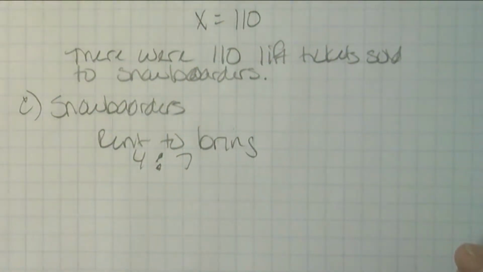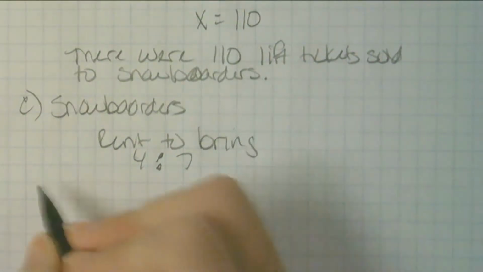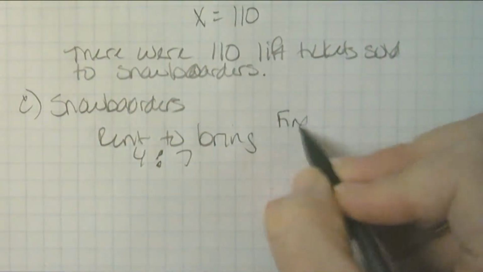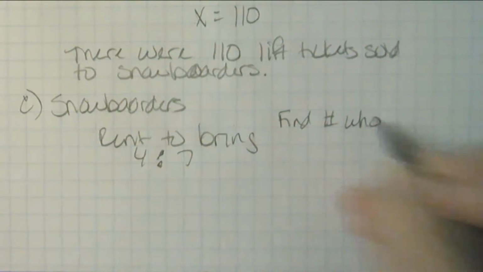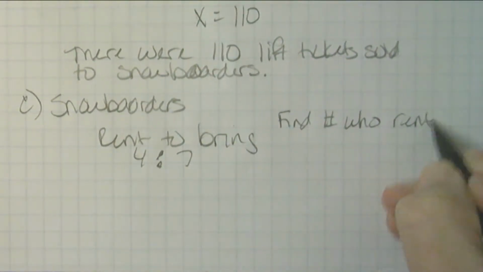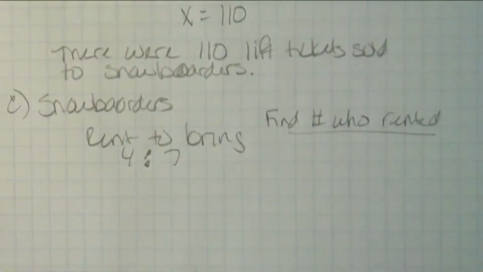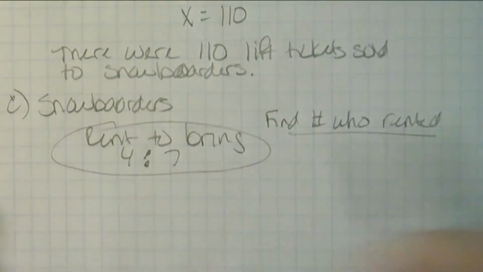All right. Well, someone tell me. Let me write this down. What we're looking to find. We want to find the number who rented. How can I use this to do that? How can I use that ratio to find what I'm looking for?